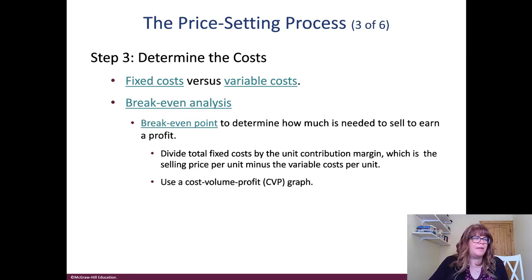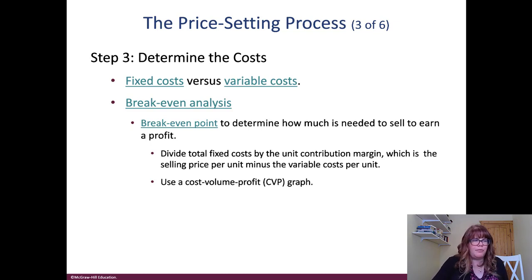Another way to determine the break-even point is using a graph, often called a cost value profit graph. Once a company estimates fixed and variable costs, it can incorporate them into the break-even analysis. Break-even analysis is a process of calculating the break-even point, which equals the sales volume needed to achieve a profit of 0.